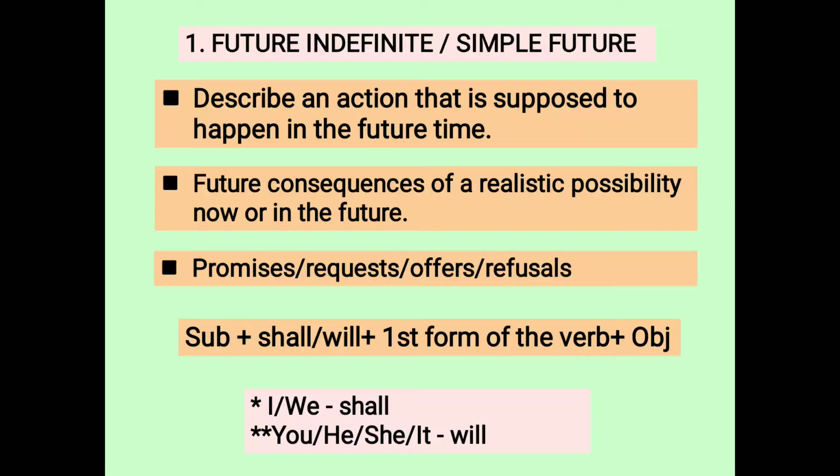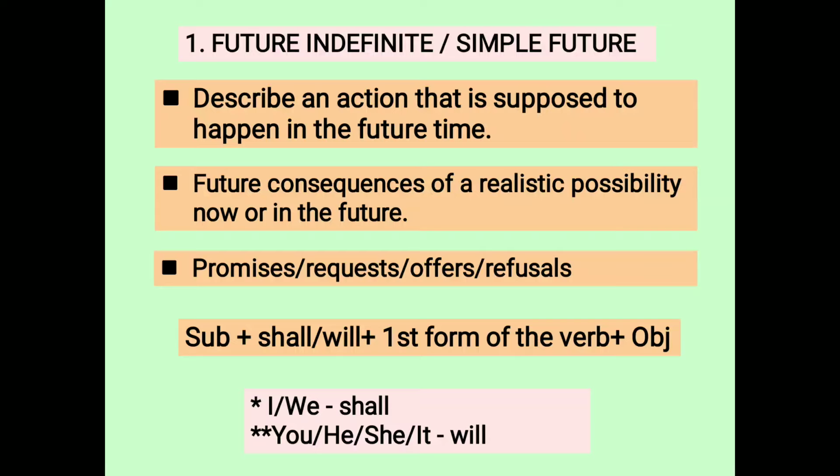Secondly, we use future indefinite to show the future consequences of a realistic possibility now or in the future. That means which is definitely going to happen. Any situation where there is a realistic possibility, that means it will definitely happen in the future, or there will be a consequence of the action in the future.